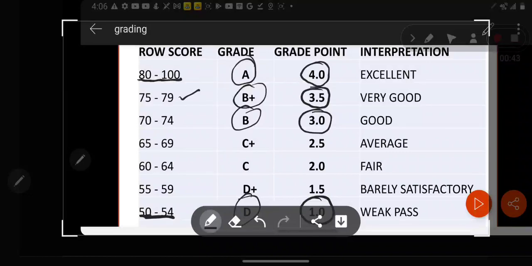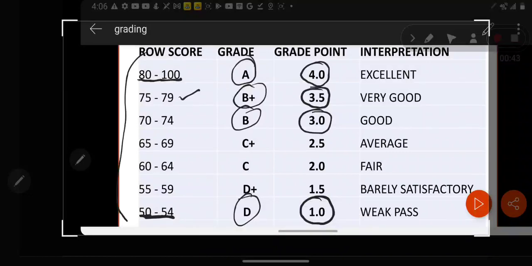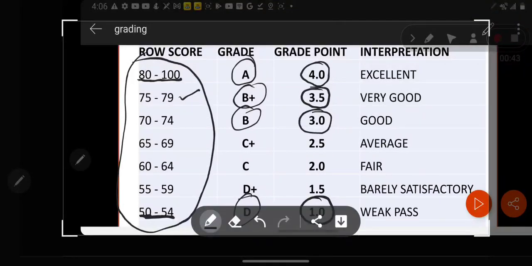I want you to also know that this score here, which we have as a raw score, is not the score you get in your end of semester exam. It is the average of what you get from your quizzes, your assignments, your mid-sem, and your end of sem.